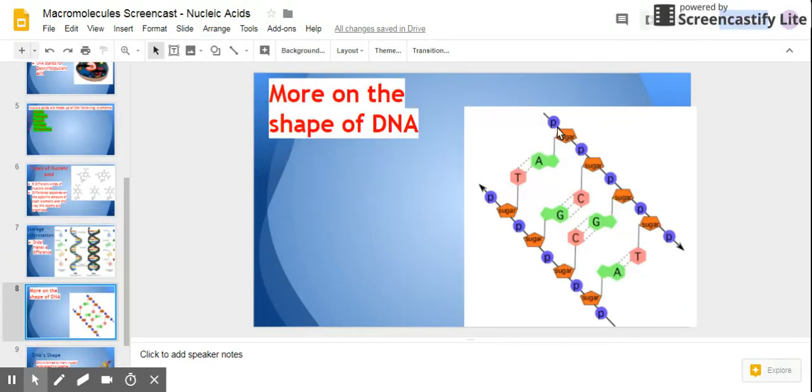That backbone is made up of a sugar, either deoxyribose or ribose, along with a phosphate group, which is made up of phosphorus and oxygen. And that connects and forms that side chain, that backbone to the DNA.